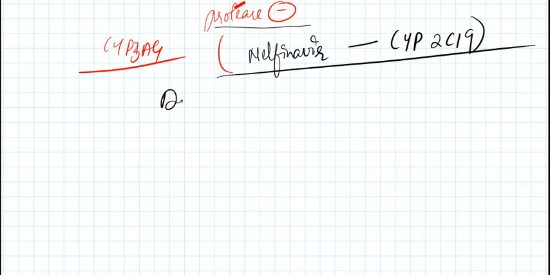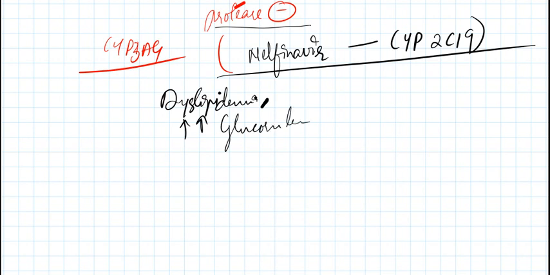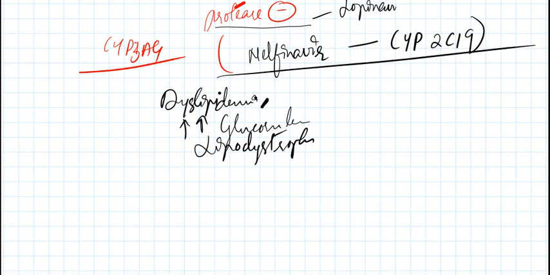Dyslipidemia, hyperglycemia, lipodystrophy. Now, if you ask me what are some protease inhibitors, I will simply say lopinavir, next ritonavir.